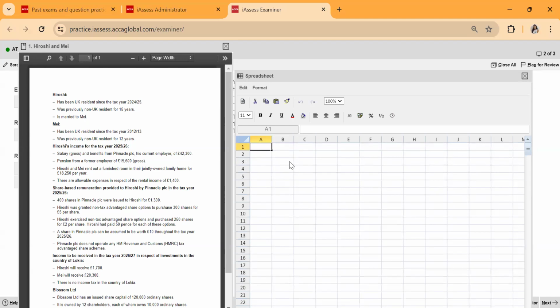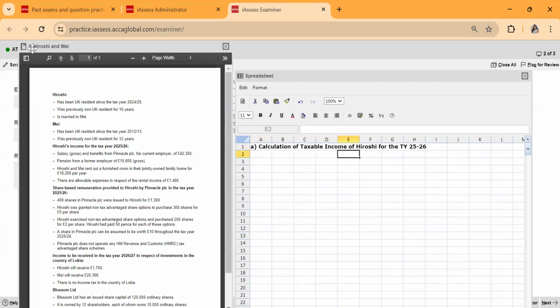So here I can write the first part, calculation of taxable income of Hiroshi for the tax year 25-26. Okay, the first is salary income.